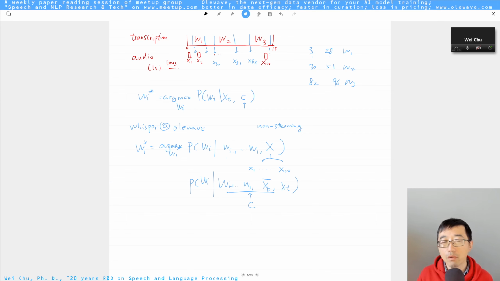You don't have to look at words that are 10 words away, but Whisper does. Because you can send 20 seconds of audio into Whisper, and that usually contains more than 60 to 100 words. So there is too much context fed into Whisper.